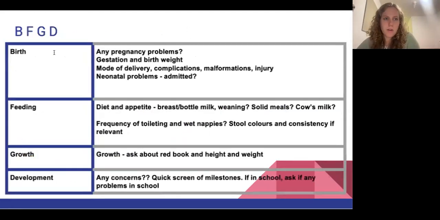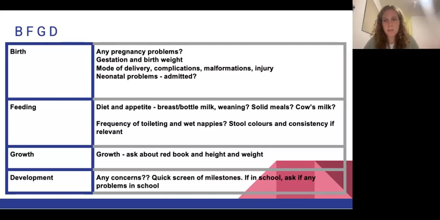Okay, so BFGD is a little acronym, I guess, for the extra things you do for pediatric histories. So the birth is really important to get a good idea of. You can go more detailed if they're quite young. If they're a bit older, you might not need to go as detailed, but generally always ask about any problems during the pregnancy, any problems during the birth, or did they need any help with breathing neonatally?